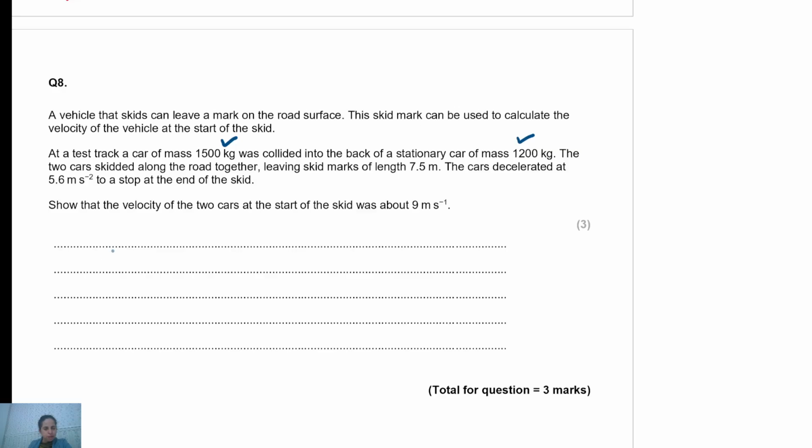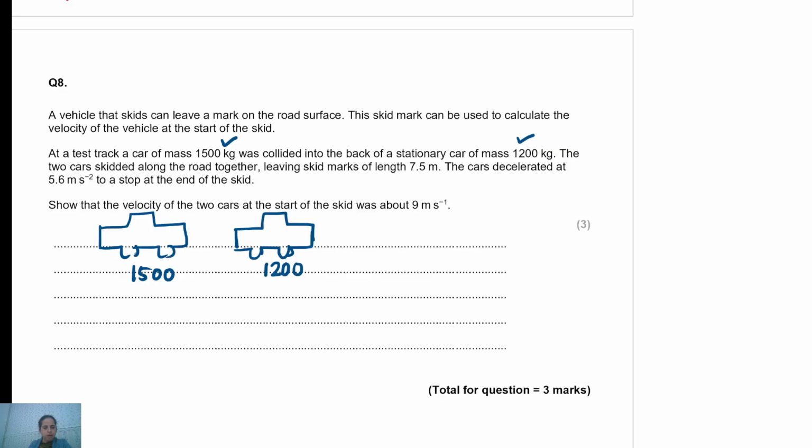So I'm just drawing a little diagram. It just helps my mind to focus. This is colliding at the back of a stationary car. So this is 1500 kg, this is 1200 kg. The two cars skid along the road together, leaving a skid mark of length 7.5, so my s is 7.5.